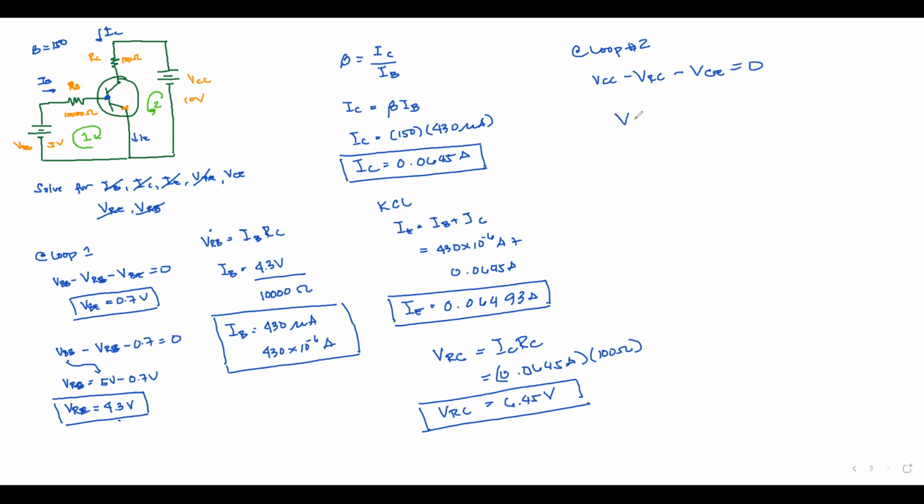So basically, VCE here is equal to VCC minus VRC. This is equal to 10 volts minus 6.45 volts. VCE now is equal to 3.55 volts. That's it. And that ends your transistors.